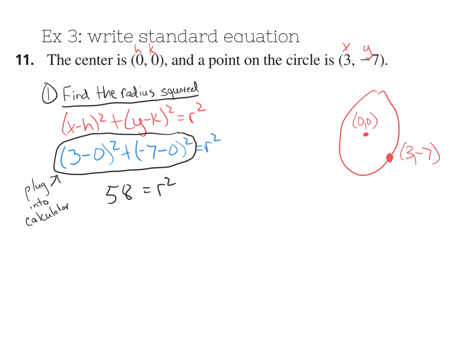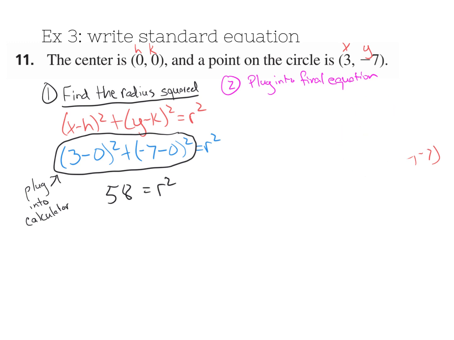So my second step is to plug into the final equation. Let me erase this, get it out of the way. In my final equation, x minus h squared plus y minus k squared is r squared, right?